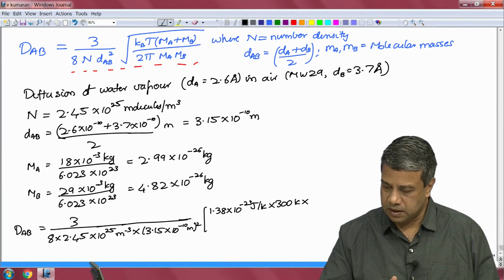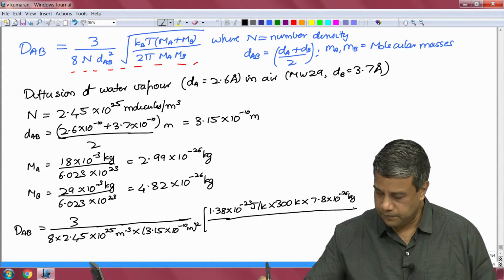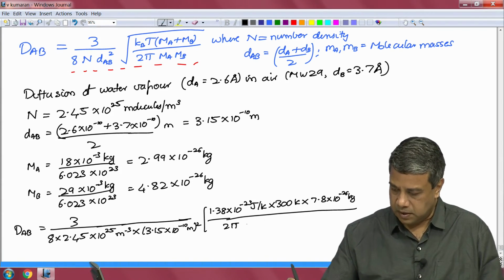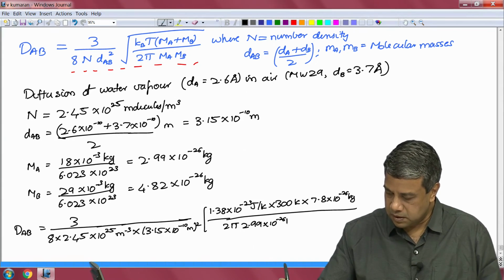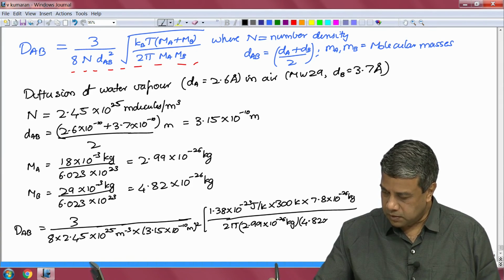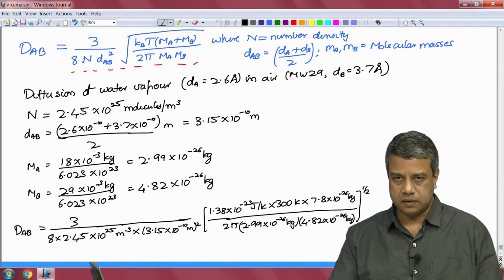If you add up this mA plus mB, you will get approximately 7.8 into 10 power minus 26 kg, divided by 2 pi into mA into mB, 2.99 into 10 power minus 26 kg and 4.82 into 10 power minus 26 kg. This whole thing to the half power, the whole thing under square root.